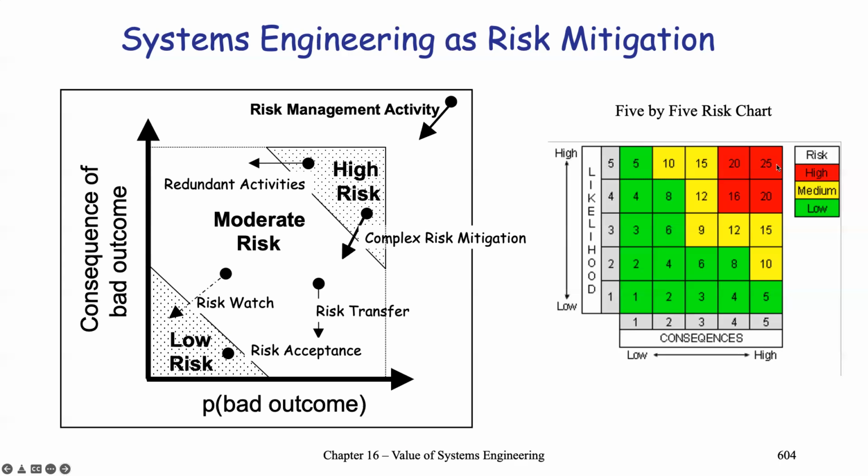That would be something that you would really need to work on. So it's a high risk, and so you want to have a complex risk mitigation to start to push that down into a better area. So in general, the risk management activity is trying to push it down from this all red area where it's a high risk down to this low area where it's a low consequence and a low likelihood.